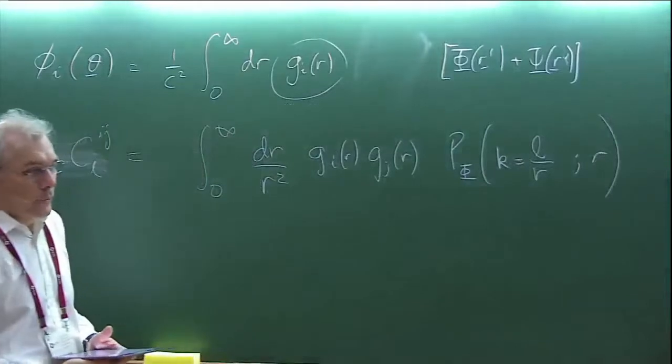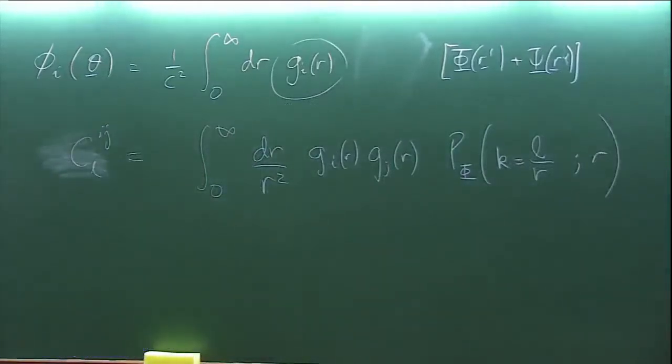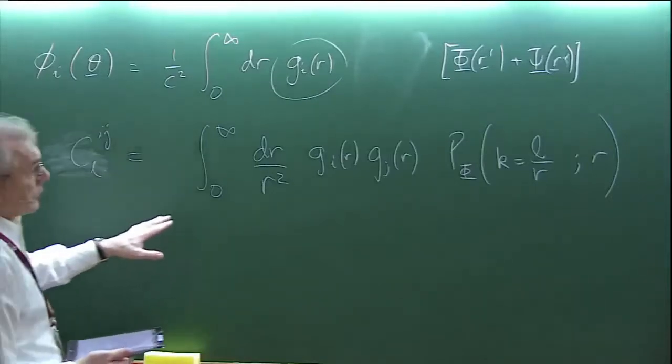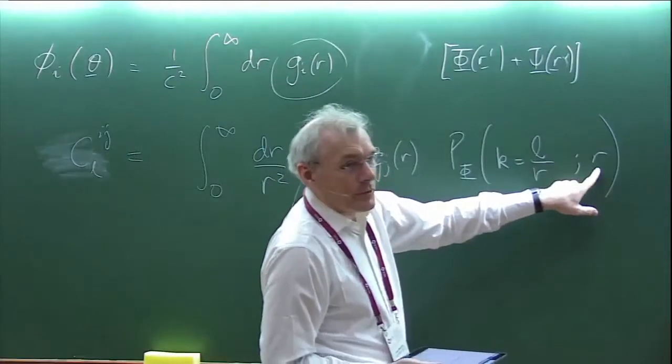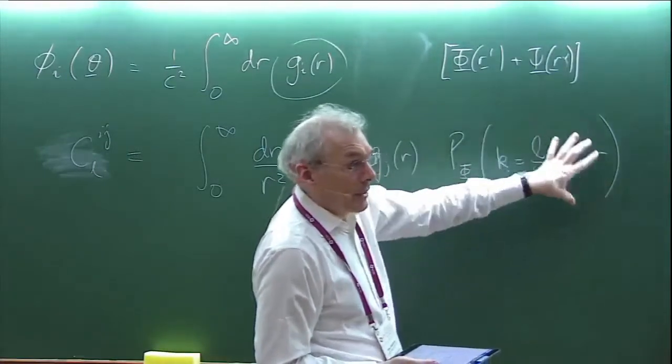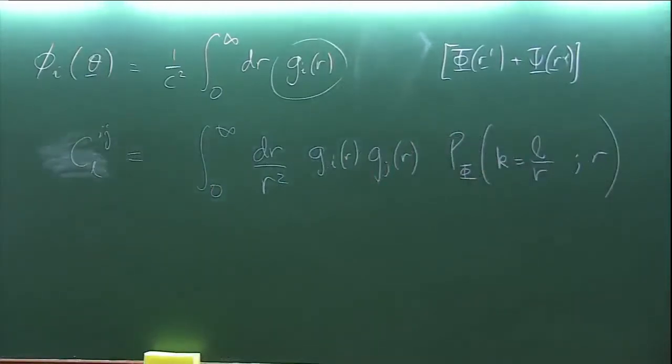And this is the so-called Limber approximation, which works well for L's larger than about 30. And most of the lensing signal is at much higher L's, typically around about 1,000 or so. So the Limber approximation works extremely well. And I've put this dependence on R here, which is really a time dependence, that this thing is actually decaying with time, typically.